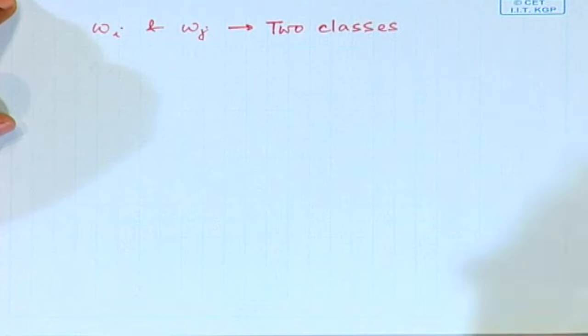So, what will be the nature of the decision boundary between these two classes, the ith class and the jth class? If I want to find the decision boundary, then on the decision boundary, for a feature vector x lying on it, Gi(x) will be equal to Gj(x).